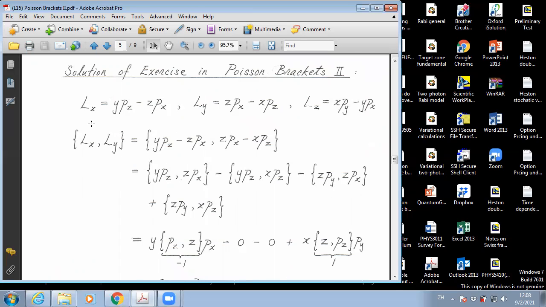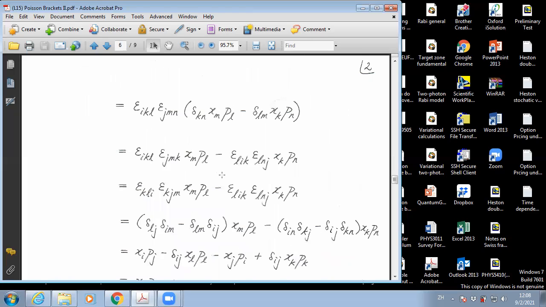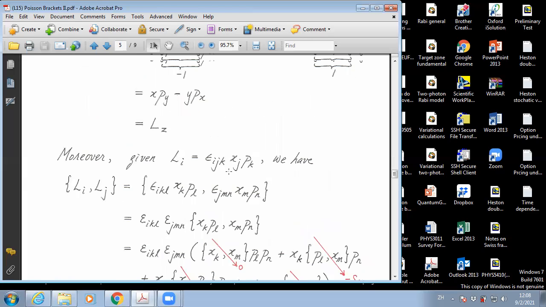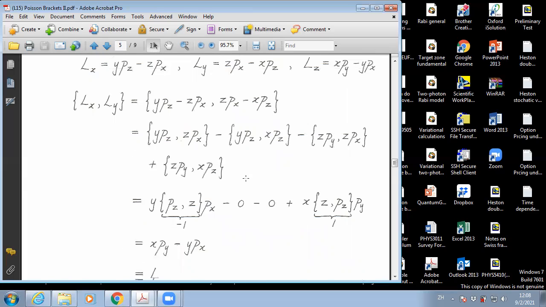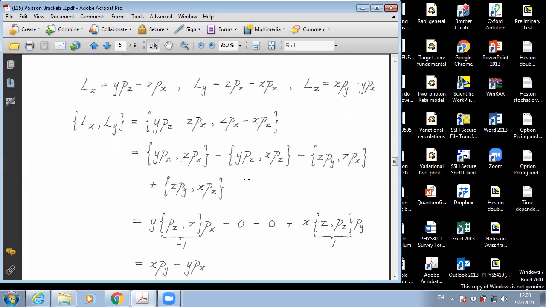So we want to compute the Poisson bracket between Lx and Ly. We plug in the definitions of Lx and Ly, and then apply the arithmetics of Poisson brackets. I will answer the question of Dai-Chun He after finishing this example.